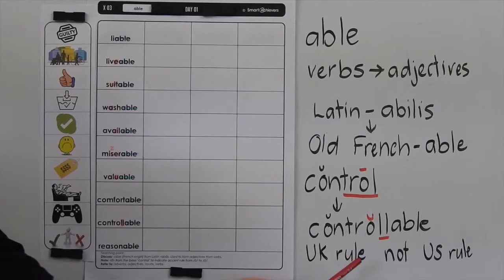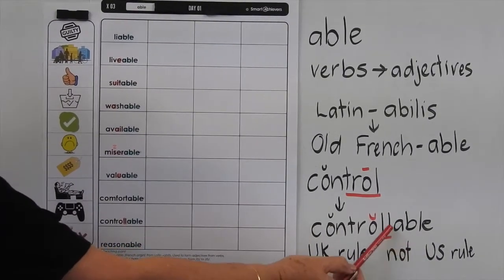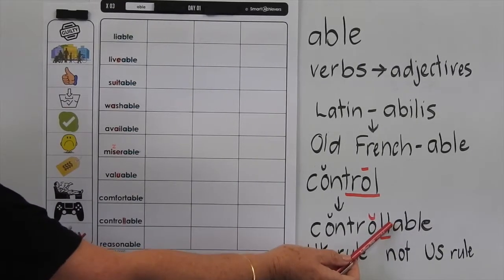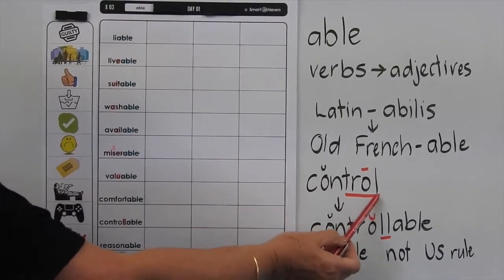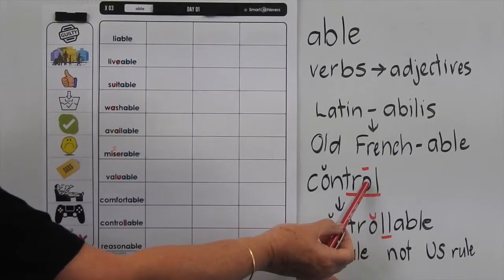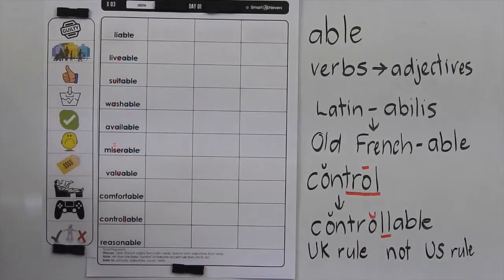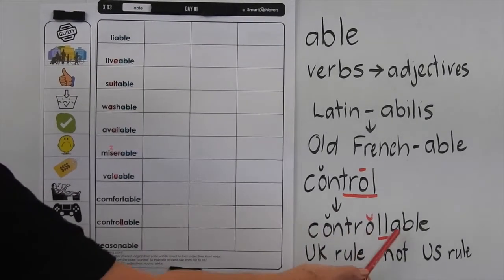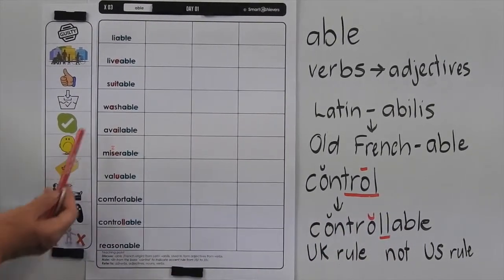They don't recognise that rule. So if you were using American English, you'd have one L, but British English, you're going to double that L because the emphasis or the accent is on the second syllable. And that O changes from a long O sound to a short O sound because of that. So you're going to say controllable. So you're dropping that vowel sound to a shorter one.